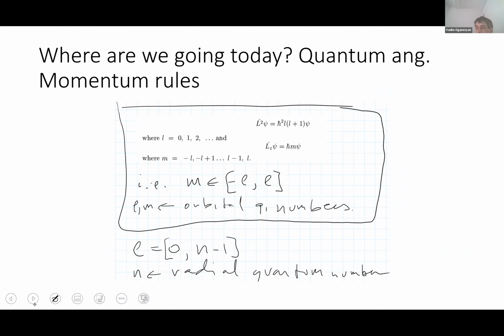Okay, as I promised, we're going to flesh out the following structure here, which is the angular momentum operator, which we'll define shortly, has certain properties that very closely resemble those of the harmonic oscillator ladder.